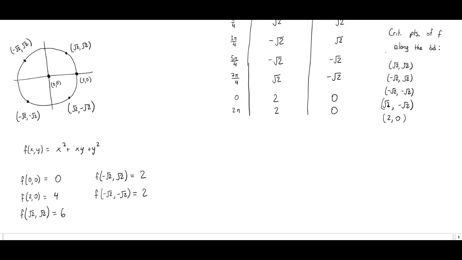Or no, 4 plus 2 is 6. Yeah, and then finally the last critical point, root 2, minus root 2. I plug it into the function. I think that one will give me just 2, okay?